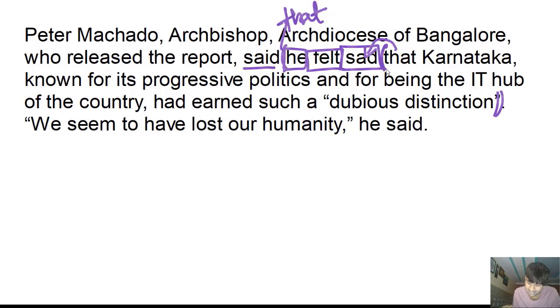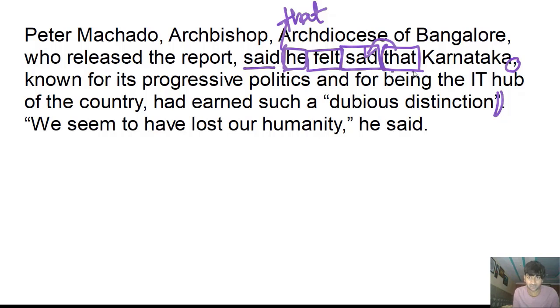He felt sad that Karnataka; that is the conjunction, and Karnataka is the subject of this clause. Karnataka is a proper noun, the name of a state. After Karnataka we have a comma because now we're going to give information about this proper noun: Karnataka, known for its progressive politics and for being the IT hub of the country. Understand?